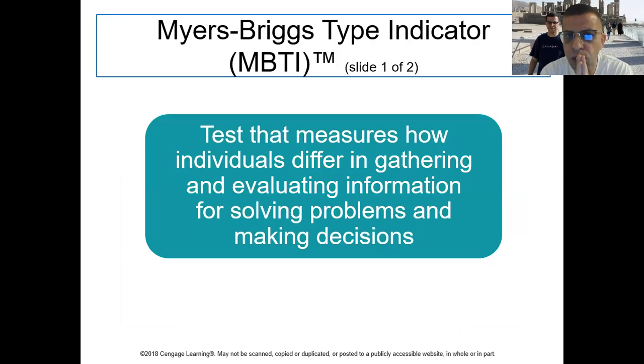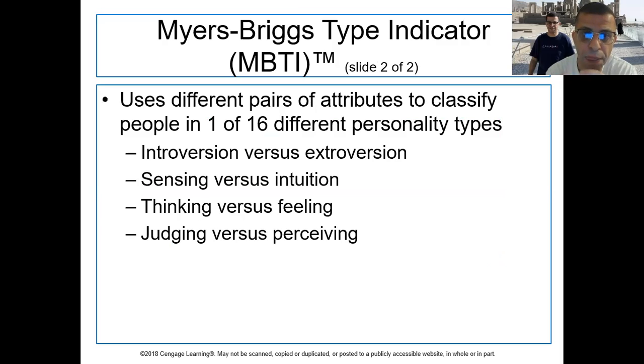Now, there is what you call the Myers-Briggs Type Indicator, or MBTI. It is a test that measures how individuals differ in gathering and evaluating information for solving problems and making decisions. People are different when they gather and evaluate information.